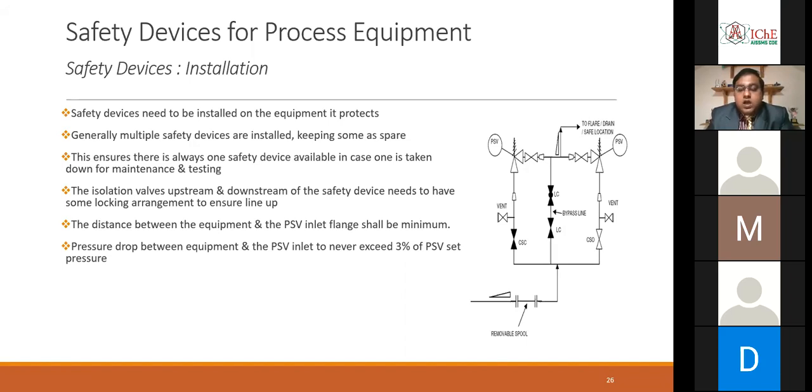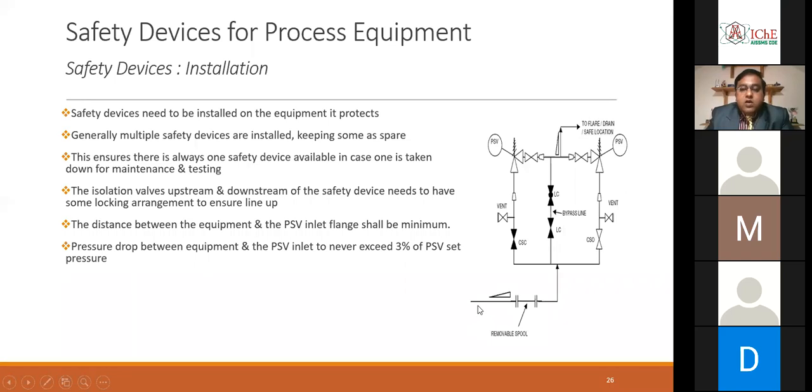This is an API guideline. So if my PSV set pressure is 10 bar, the pressure drop encountered by the fluid traveling to this point should not be more than 0.3 bar. So you have to size the line accordingly, or reduce the distance accordingly.